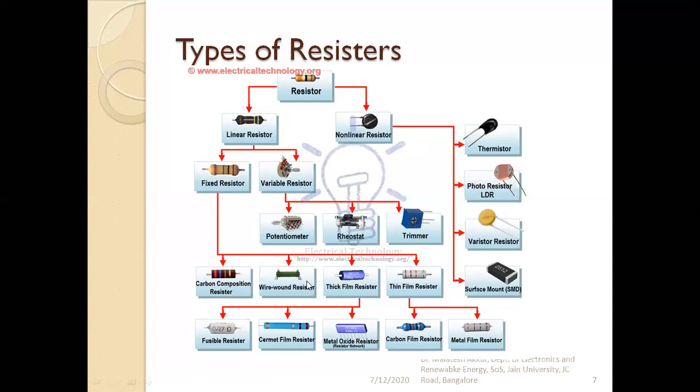As the name indicates, fixed means the resistance value cannot be varied, and variable ones let us change the resistance by turning a particular knob.